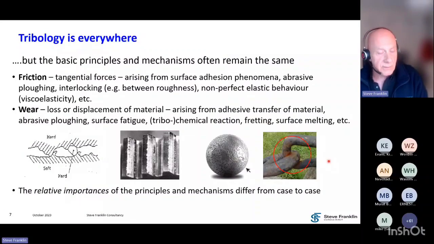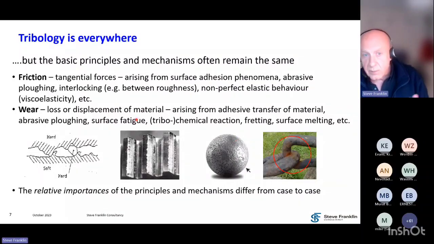So friction is about tangential forces, as I said. They arise from surface adhesion phenomena. They may arise from abrasive ploughing or interlocking, for example between roughness asperities interlocking with each other on the surfaces. They may arise from non-perfect elastic behavior, so viscoelasticity, where you lose some energy during the displacement of one surface on another.